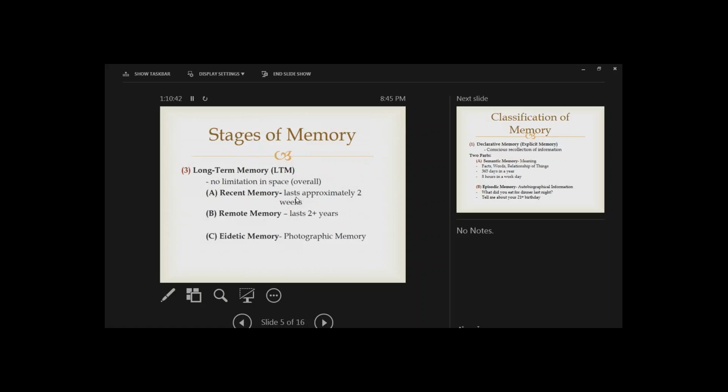Now, when we remember things, we don't directly access it in long-term memory. What we do is we take it from long-term memory, bring it back to short-term memory. We look at that and say, oh yeah, this is what happens, and then we put it back into long-term memory.